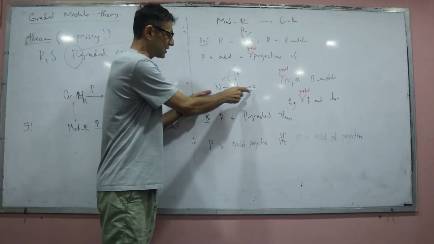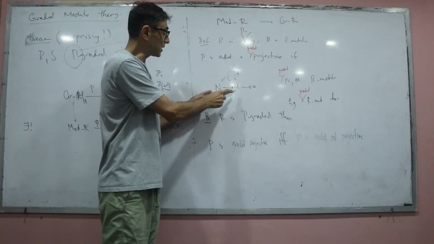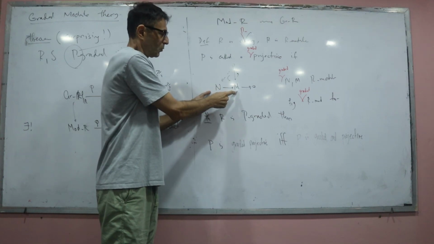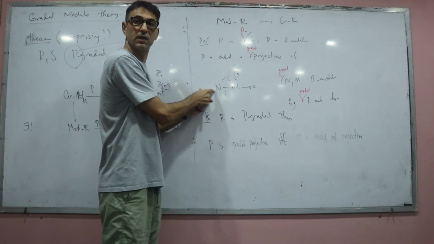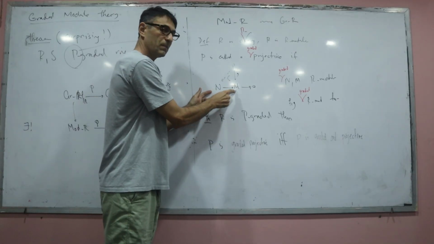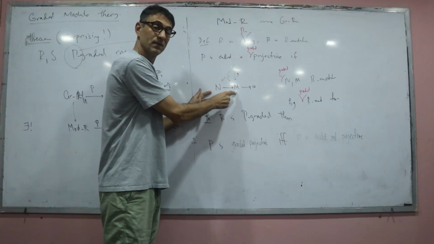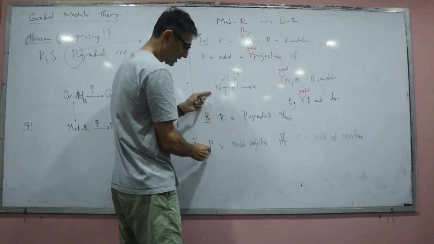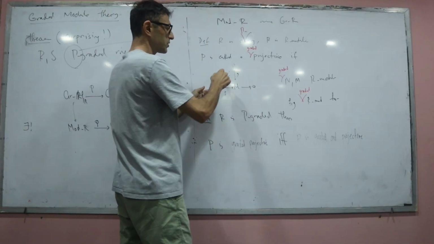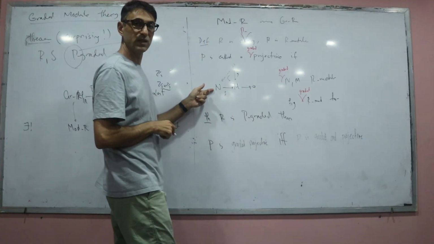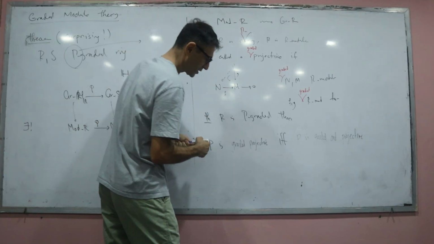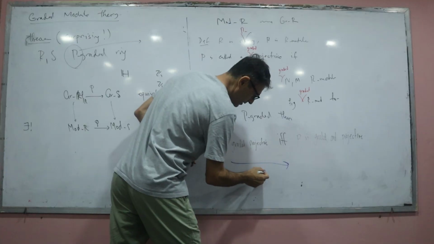Because if I give you this, and N and M are not graded, and you put P here, why does P lift here? P lifts if N and M are graded, right? But this says that P is also projective, so for anything else it also lifts. This is not clear to me at all, right? So this way is not clear to me.